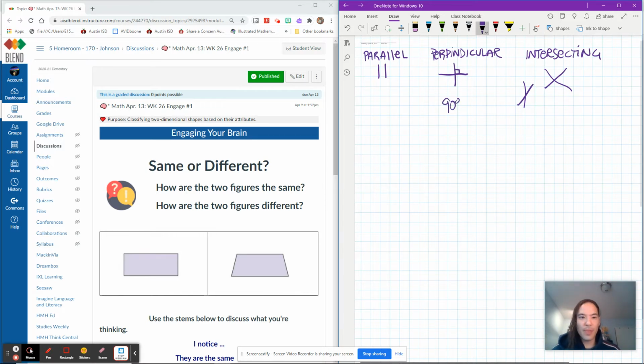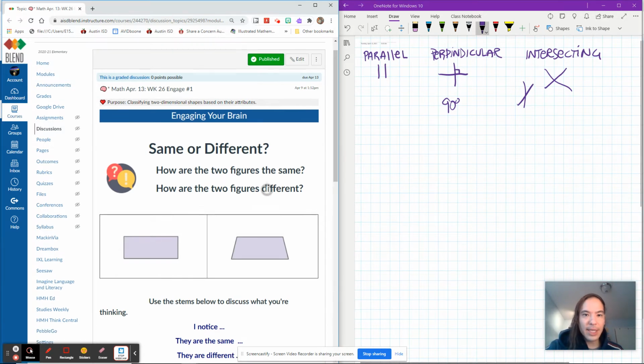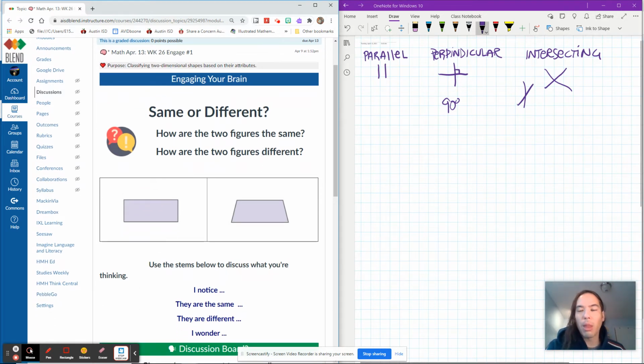All right, so we're going to look at something new today. Yesterday we talked about triangles, right? We talked about acute triangles when you have three acute angles. We talked about right triangles when you have a right angle in your triangle. And we also talked about obtuse triangles, which look like a lounging chair, right?